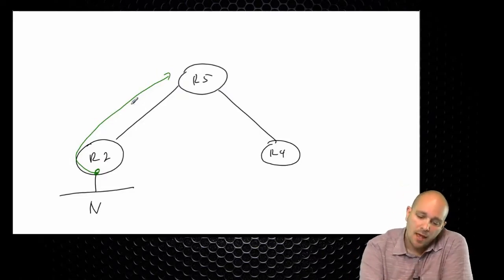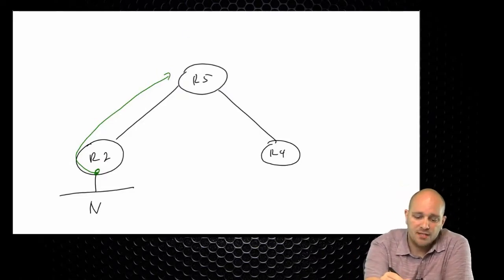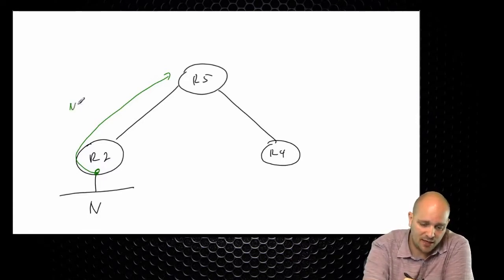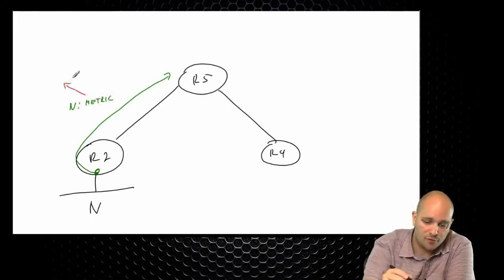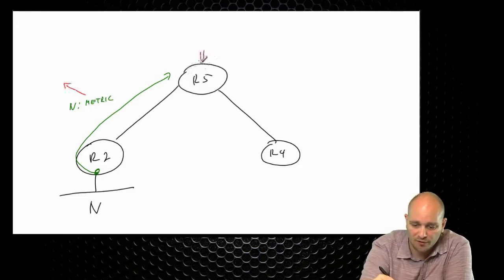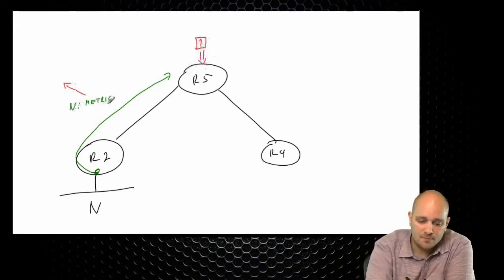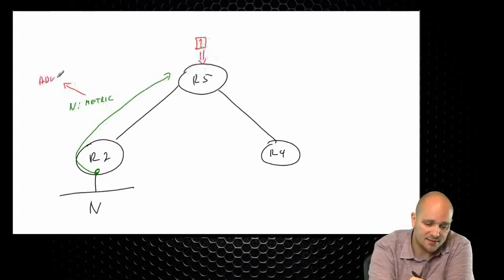Now, R5 here is receiving this routing update, and this routing update says that network N is reachable via R2 and there is a certain metric. So let's say that this is some metric. Now, this value here from R5, so we are observing from here, so this is our observation point. This metric here, as advertised by R2, is advertised distance.